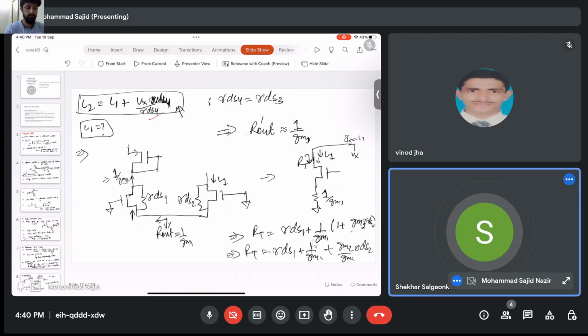Sir, is it possible that we can calculate the Gm and RDS or GMB and do the parallel calculation and then derive it? Because some formulas somehow don't match.